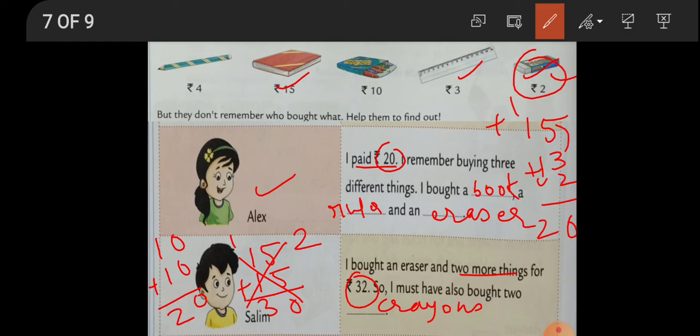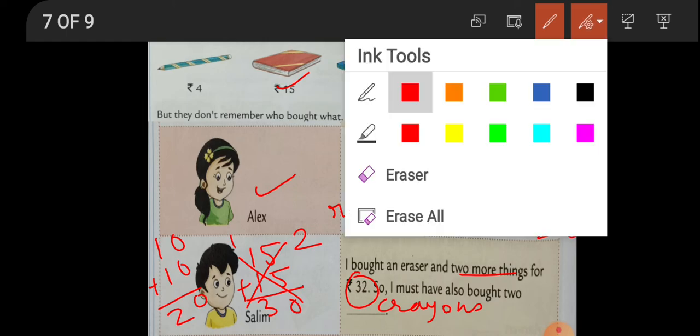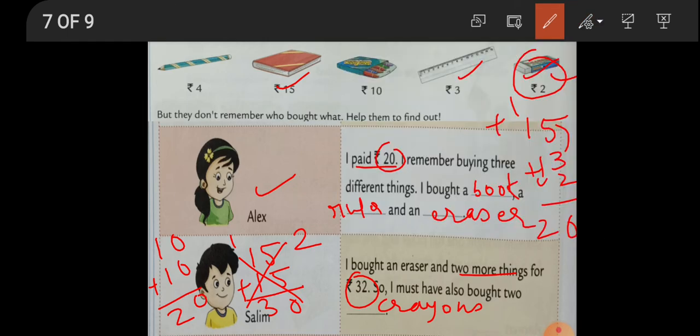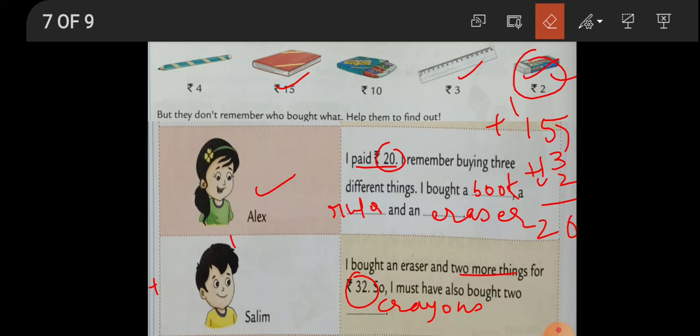That gives you... 1 minute. Okay, 32. Sorry, not crayons. It is books he has bought. That means the 2 books he has purchased. Yes children, he said I have already bought an eraser for rupees 2, and 32. Sorry, I thought it is 22. It's 32.